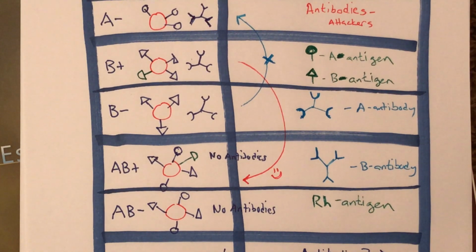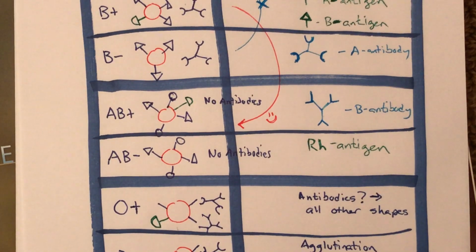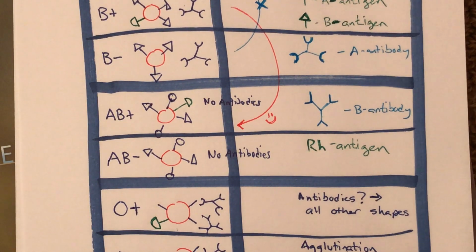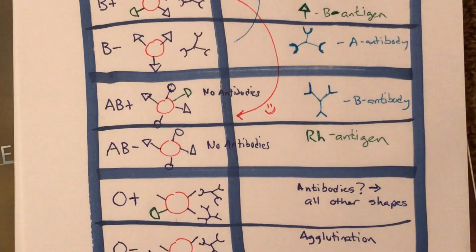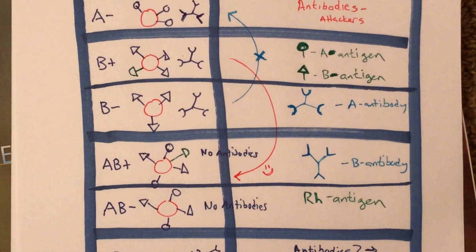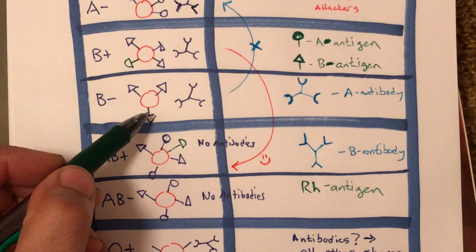Let's do just one more scenario, just to make sure you got it down. Let's give someone with B negative blood.